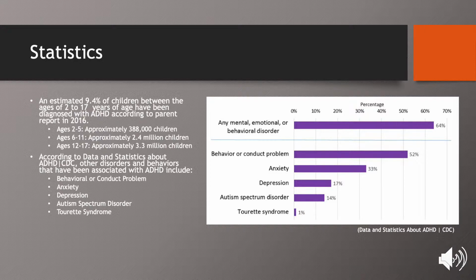As you can see from this chart, behavior or conduct issues are largely associated with ADHD. From previous symptoms discussed in this presentation, we can see why that is. If a child with ADHD hyperactive presents with symptoms such as fidgety, unable to sit still, interrupting, talking too much, this child may seem as though he or she cannot demonstrate proper classroom conduct.